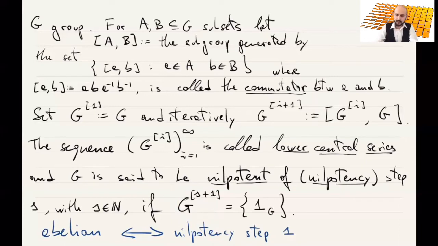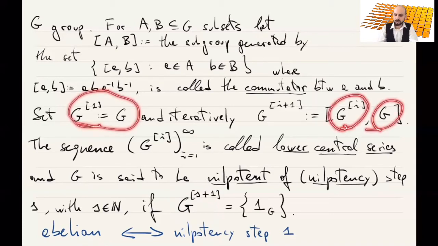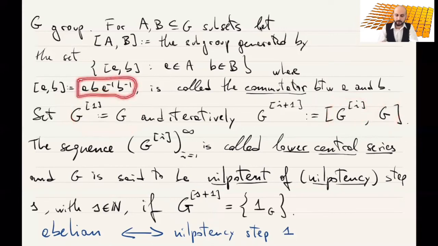Because for the abelian, of course, G_1 is just G, and as soon as you do the bracket between G and G, you just have the commutator, the identity, because all the elements commute. So from any index greater than 1, then you will have the trivial group.